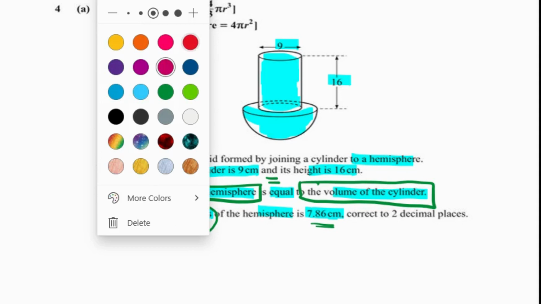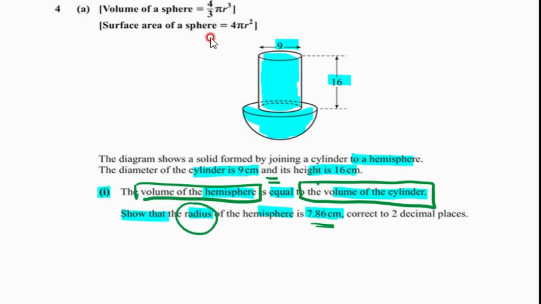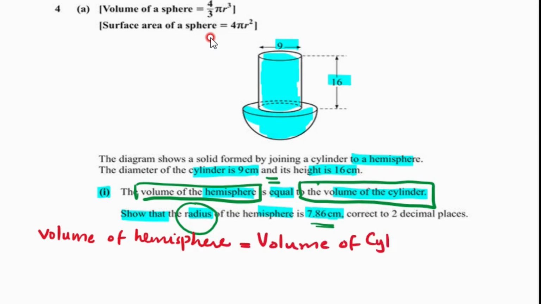Okay, so it means I can write here volume of hemisphere and volume of cylinder, they both are equal.